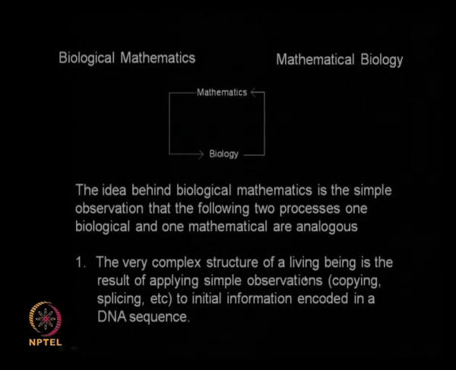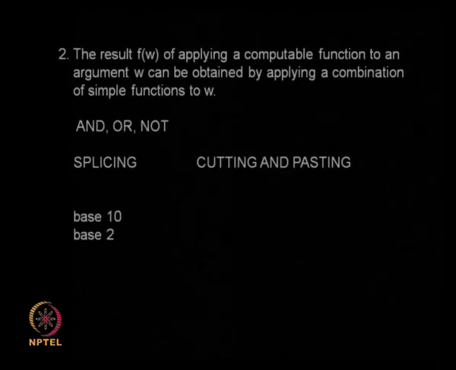of a living being is the result of applying simple operations like copying, splicing, etc. to initial information encoded in a DNA sequence. Simple operations continuously applied give rise to many things, and that helps the behavior of the DNA strands.